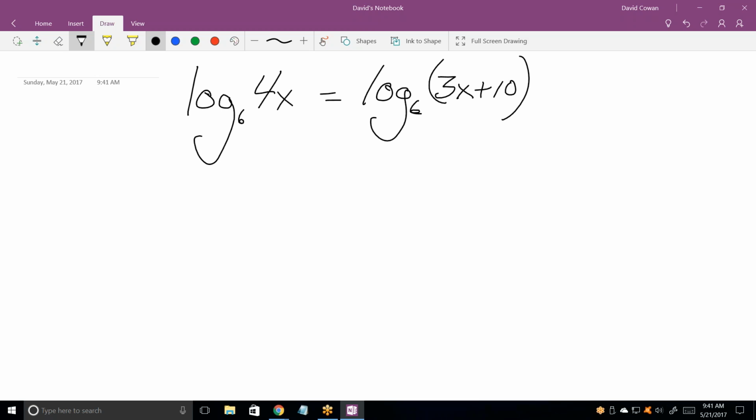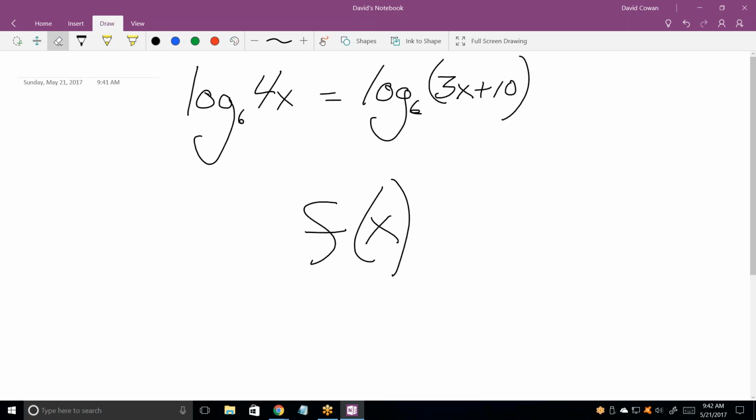Yeah, a lot of people like to think, can I just divide both sides by log base 6? And in a way you can, although that's not at all what you're doing. In other words, when I write log base 6 of 4x, that is not log base 6 times 4x. That is more like a function of x. It doesn't mean f times x.